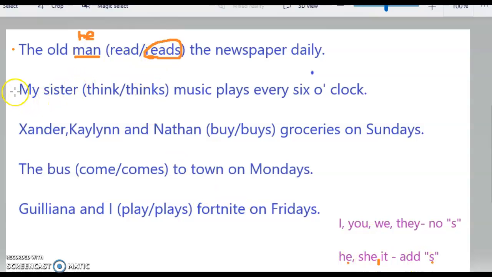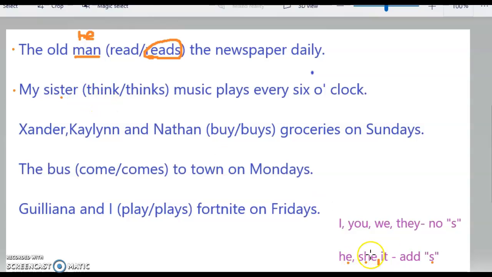So let's look at this one. My sister thinks music plays every 6 o'clock. So my sister, which pronoun could replace the word sister? The pronoun she, right? If I want to replace the words my sister with a pronoun, it would be she.